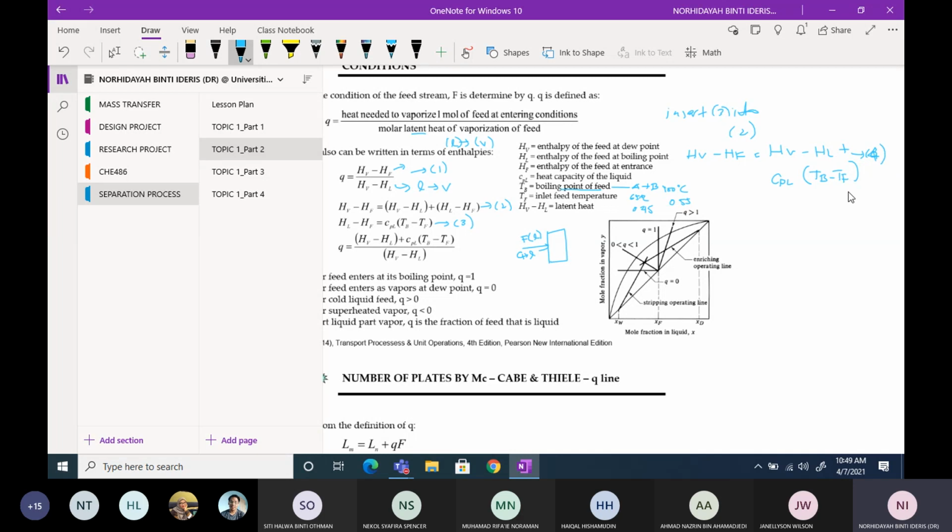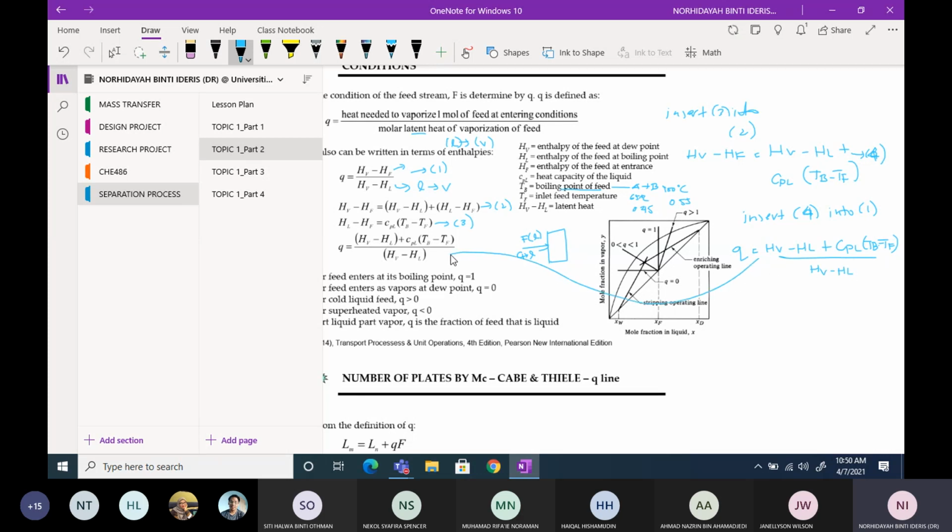Alright, so right now, after we get this new HV minus HF, insert 4 into 1. So basically right now your Q is HV minus HL plus CPL TB minus TF, over HV minus HL, which is equation 5.